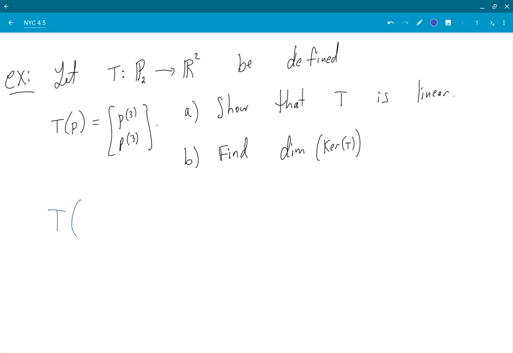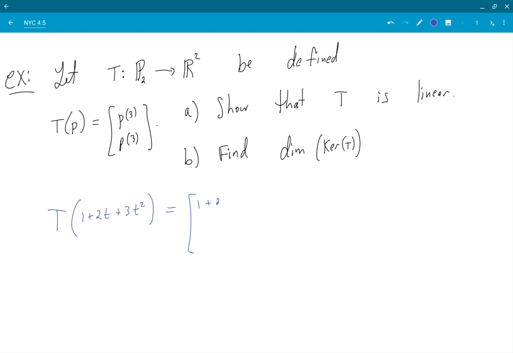T of 1 plus 2t plus 3t squared. What is that? Well, it is a 2-dimensional vector where this entry is the polynomial with 3 plugged in.